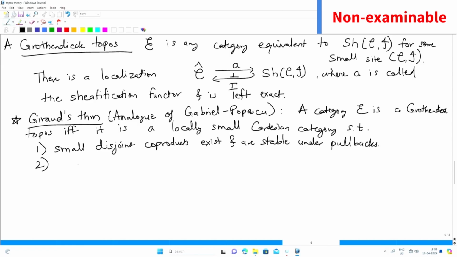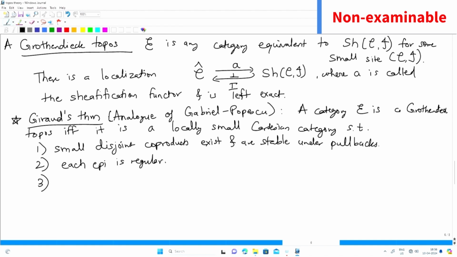Then each epi is regular. Do you remember its analog in the abelian world? Each epimorphism is normal, it's a co-kernel, right?